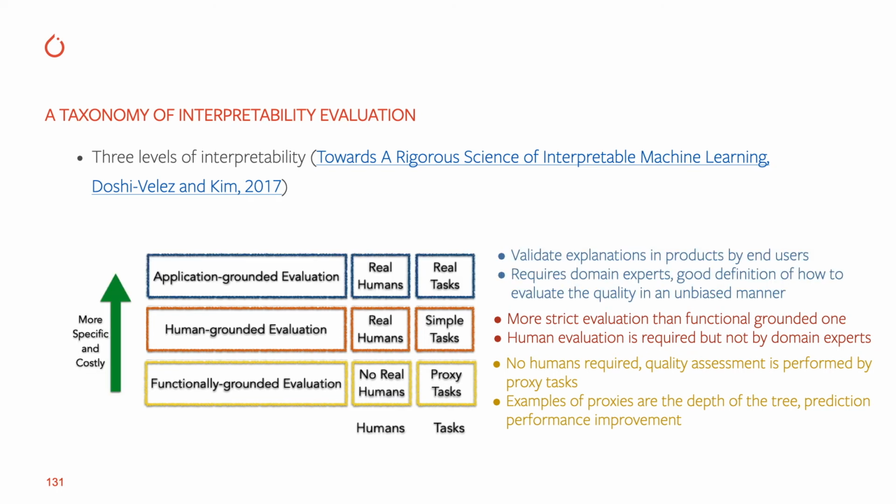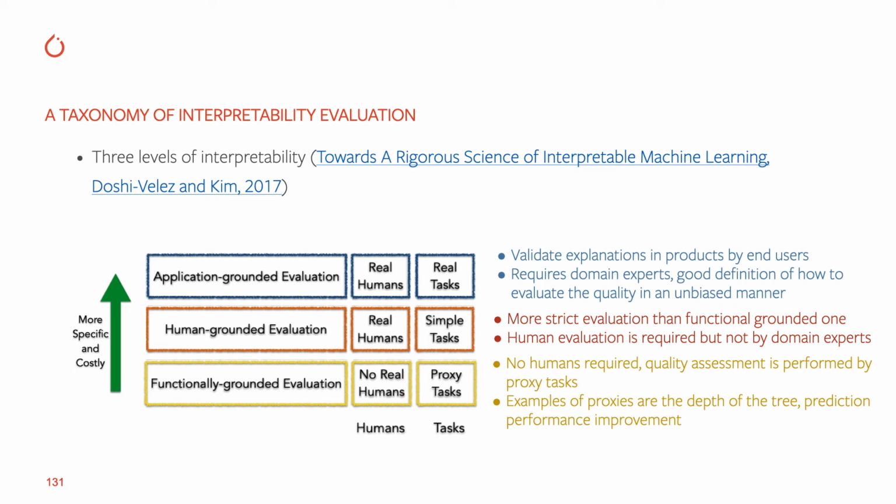The last, third type of evaluation approach in our taxonomy is application-grounded evaluation. This type of evaluation requires that the explanations are validated by end users and domain experts. It requires defining how to evaluate quantitatively in an unbiased manner and is the most costly and specific evaluation.